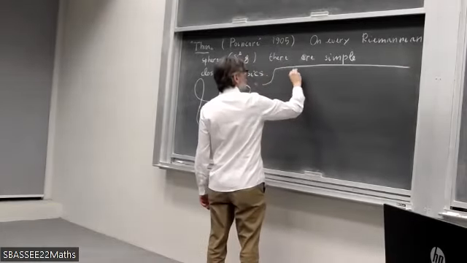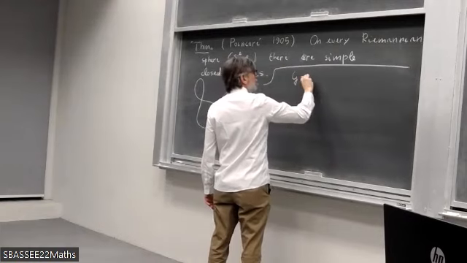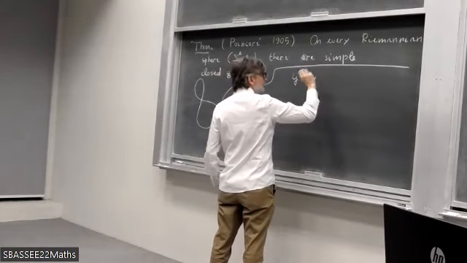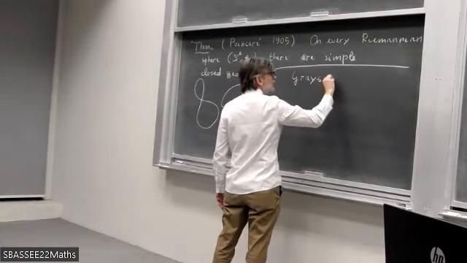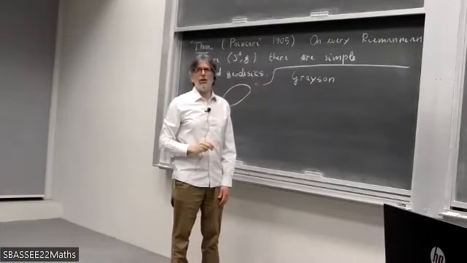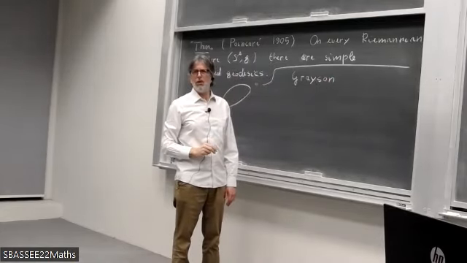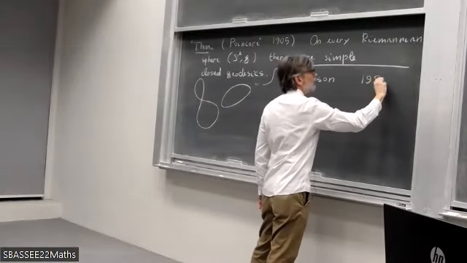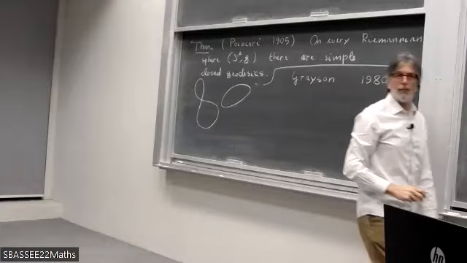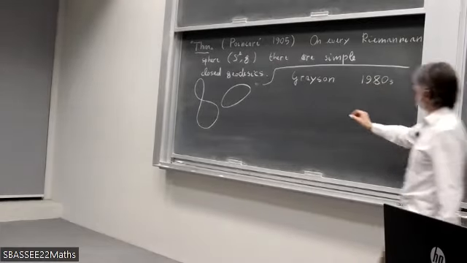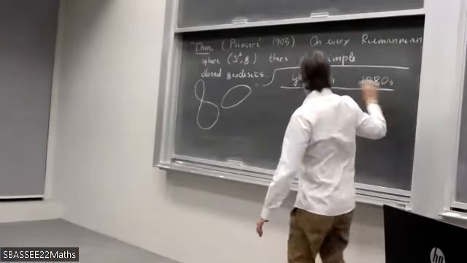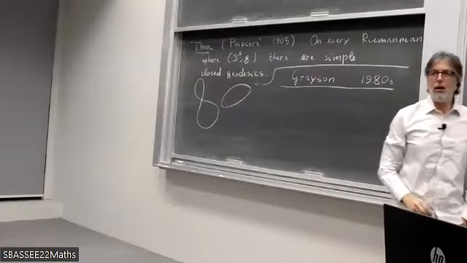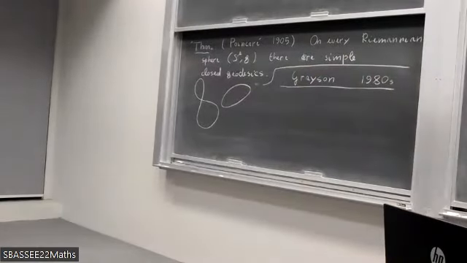You need curve shortening flow, which was developed by Grayson, probably in the 80s. Okay, 80 years later. But with Grayson you can make this argument of Poincaré rigorous.